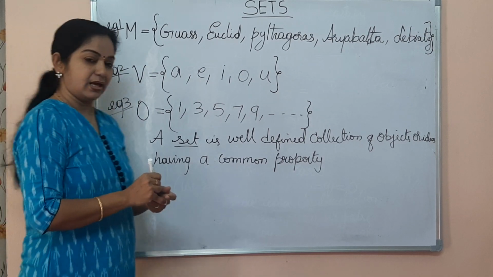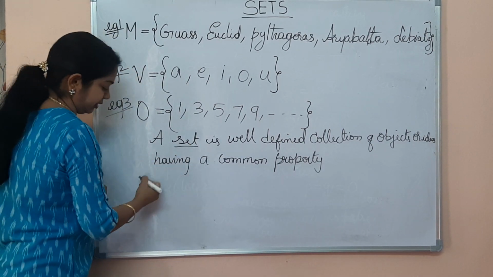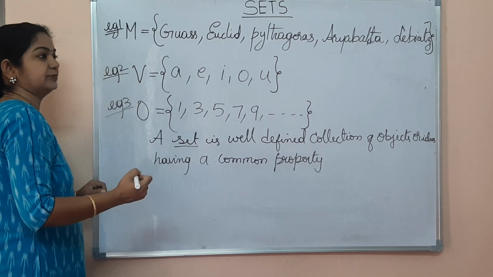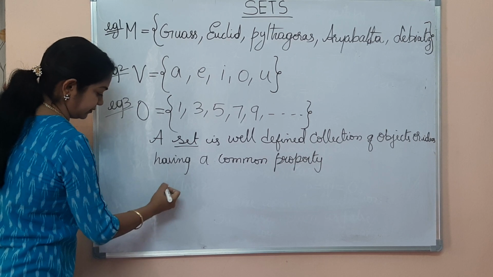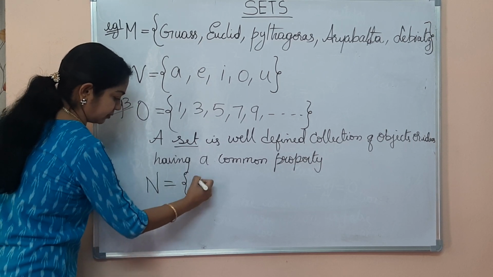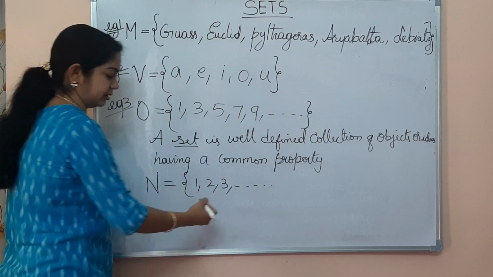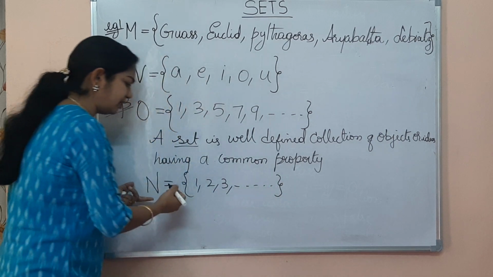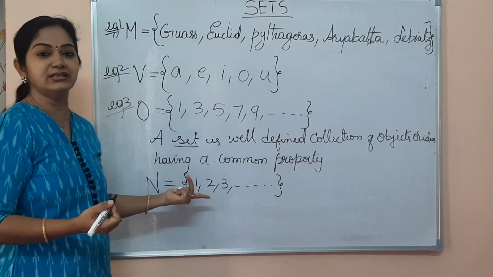Okay. Now I'll list out a few more examples. Let me take the example of natural numbers. Capital N: 1, 2, 3, numbers starting with 1 and so on. So in our daily activities, even before these classes, we were using sets.